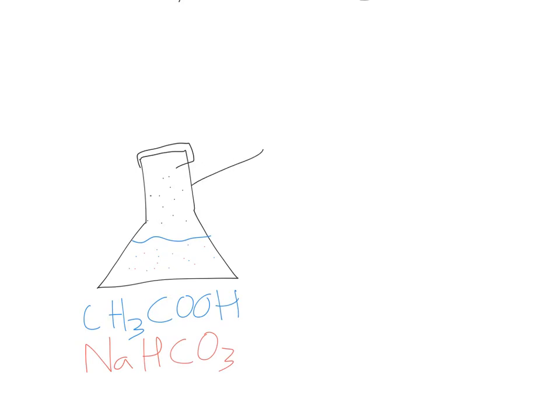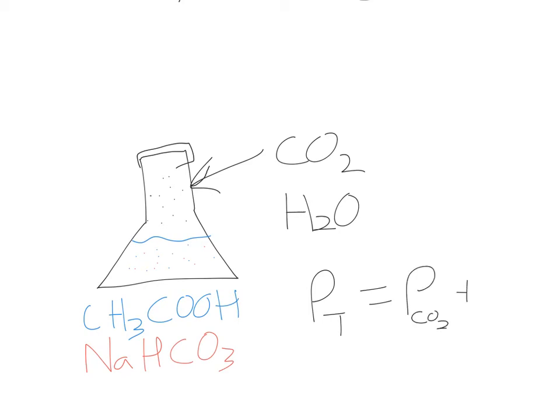So inside this part of this chamber, we're going to have the gas that we're making, which happens to be CO2, but that's going to be mixed with some H2O as well as the atmosphere itself, assuming I didn't have a vacuumed out chamber. And we have to account for all those gases in our total pressure. It would be pressure total would be equal to the pressure of the CO2 plus the pressure of the water plus any other gases in there. Now, to avoid this problem, here's what we will do instead.